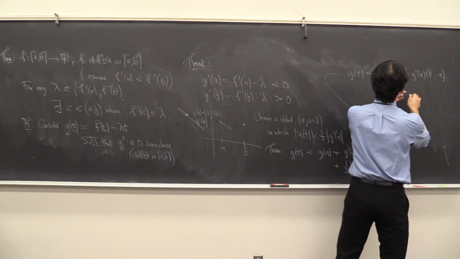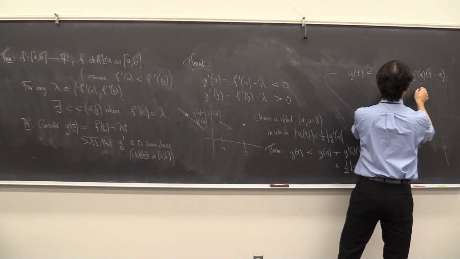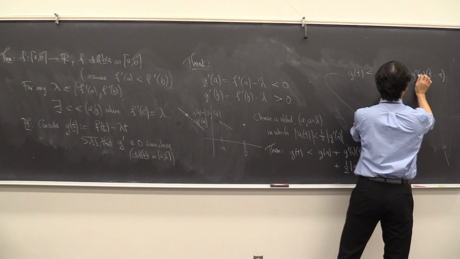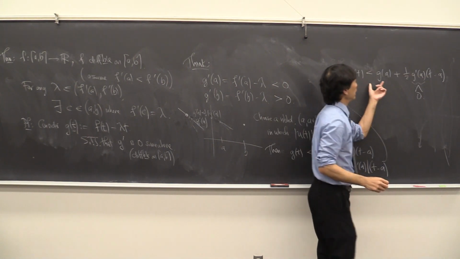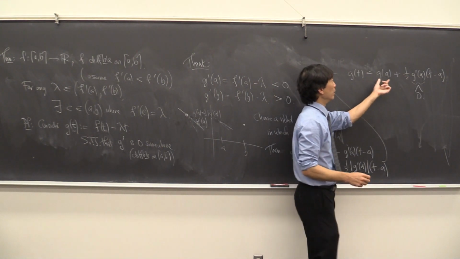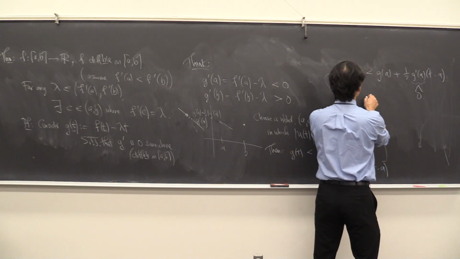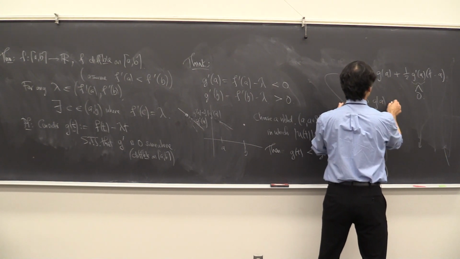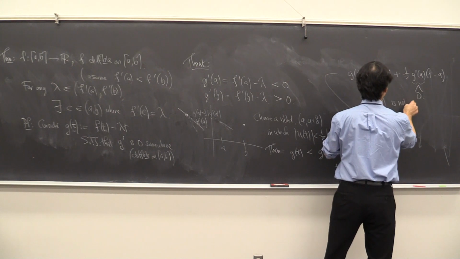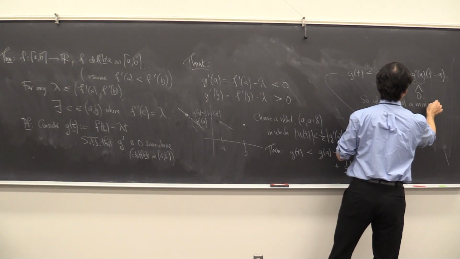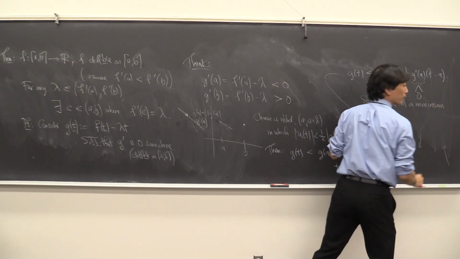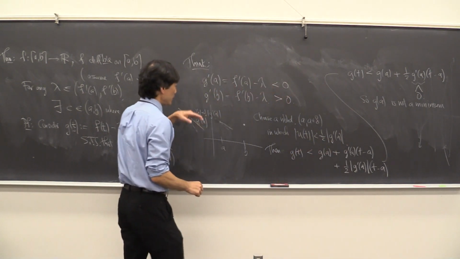And this is negative, so g at alpha is not a minimum. Then you do the same thing on the other side.